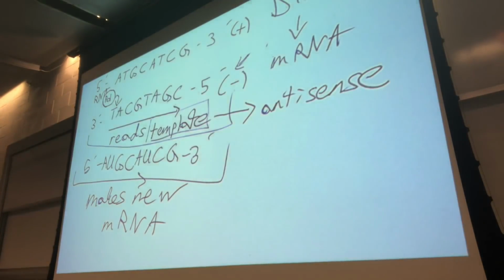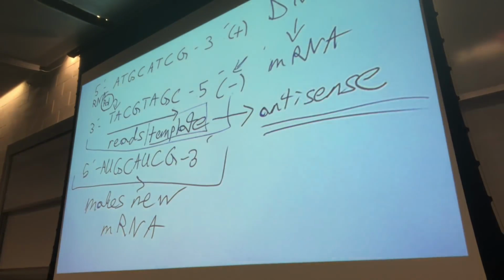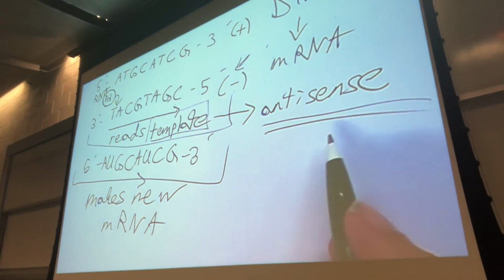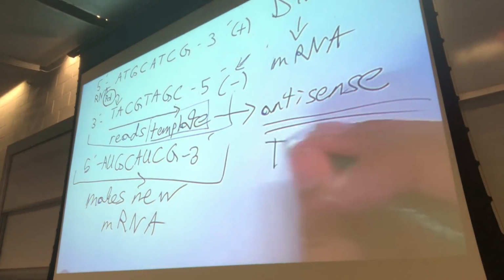Template means antisense strand. And whenever we use the phrases antisense or sense strand, we are talking about transcription, not DNA replication. That's a common mistake I see all the time, is people start using these phrases when they're talking about DNA replication. This is only for transcription.